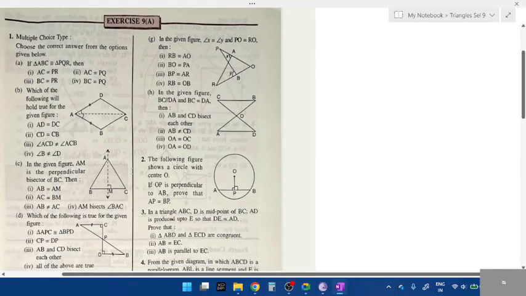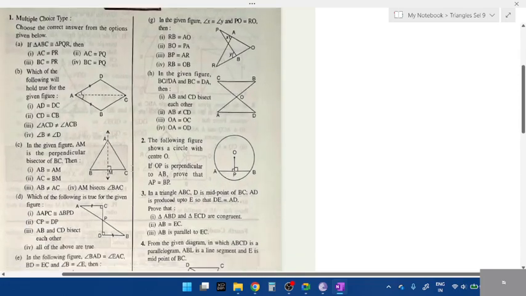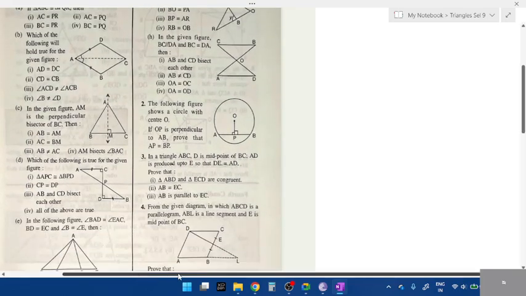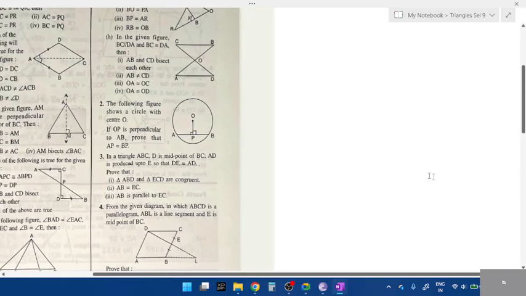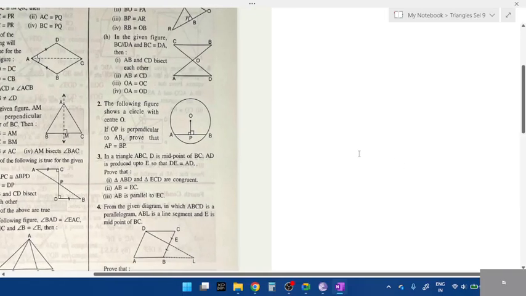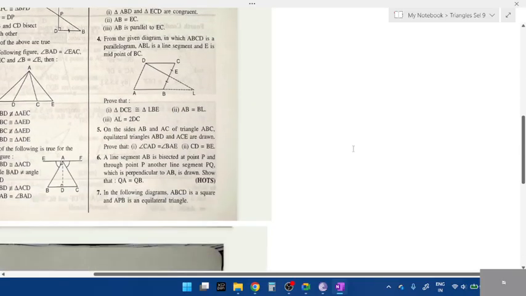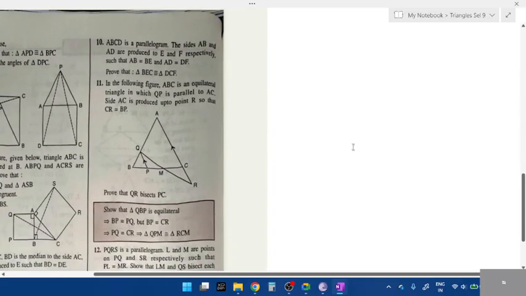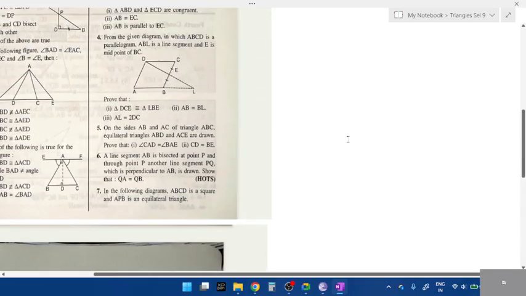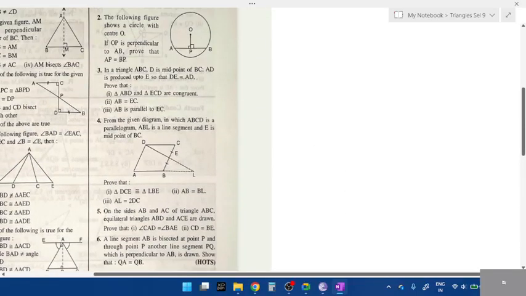Fine, how many questions has the teacher completed in this chapter itself? Okay, the second exercise was done. Okay, anything cancelled in this exercise? Students, respond.